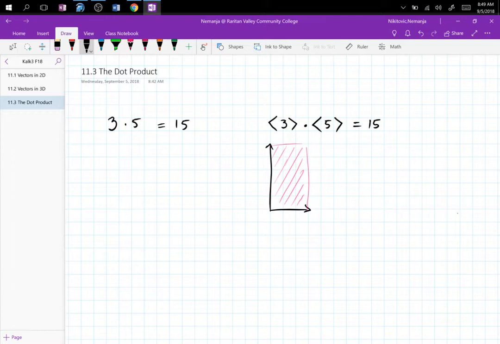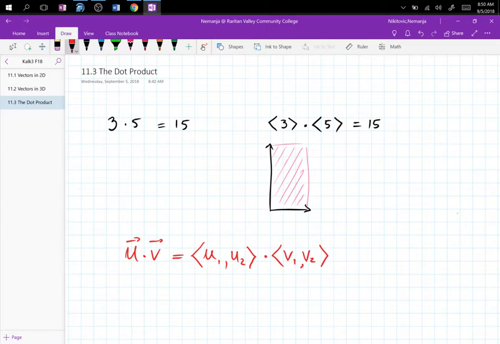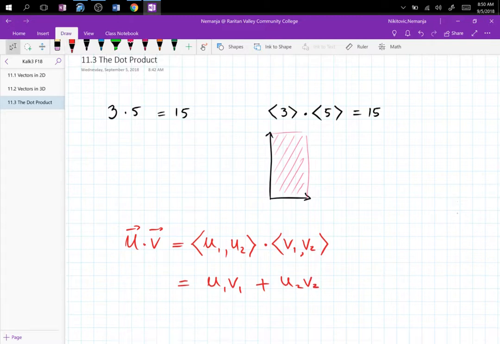So if I have, and we can leave this as a formula for the 2D case, vector u dotted with vector v, I have u1, u2 dotted with v1 and v2, and that's going to be u1 v1 plus u2 v2.